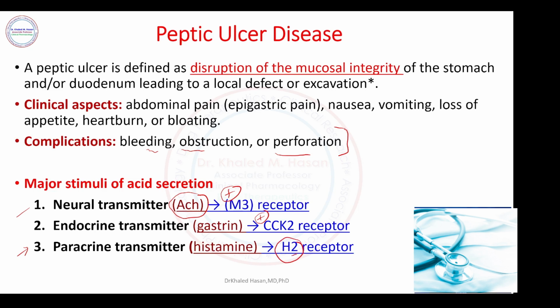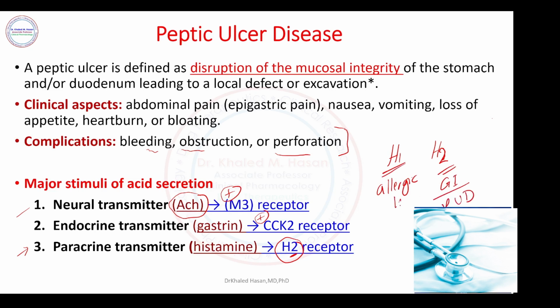And as you can see here, what type of histamine receptor do we have? We have the H2 receptor. We need to remind you that we have H1 and H2. H1 is mainly involved in allergic disease, and there we talk about antihistamine, anti-allergic drugs. H2 is mainly found in the GI system and is involved in peptic ulcer disease.